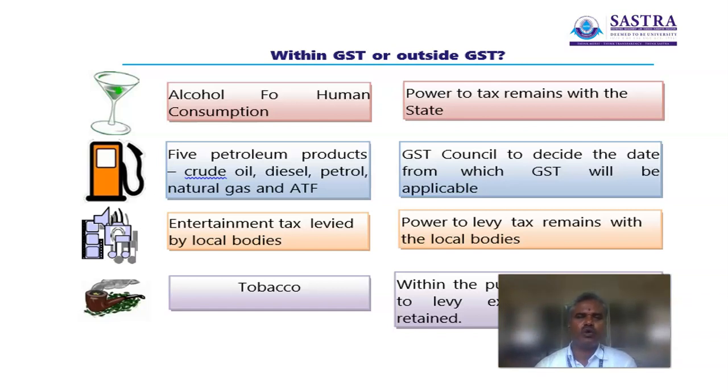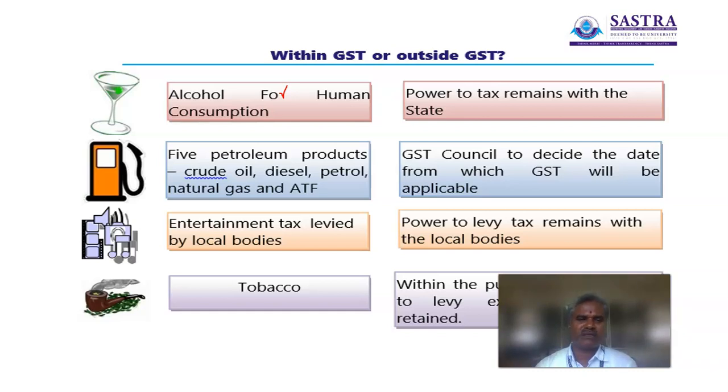Alcohol for human consumption. Suppose people who have a drinking habit buy a beer at Tasmac or in star hotels, they may not pay GST.